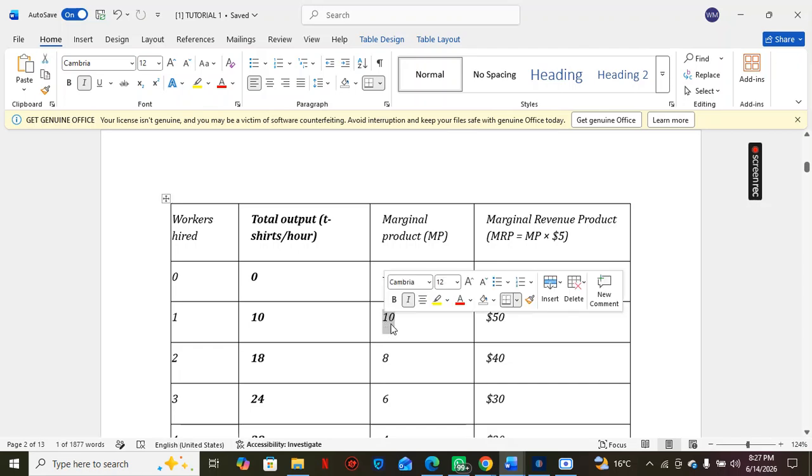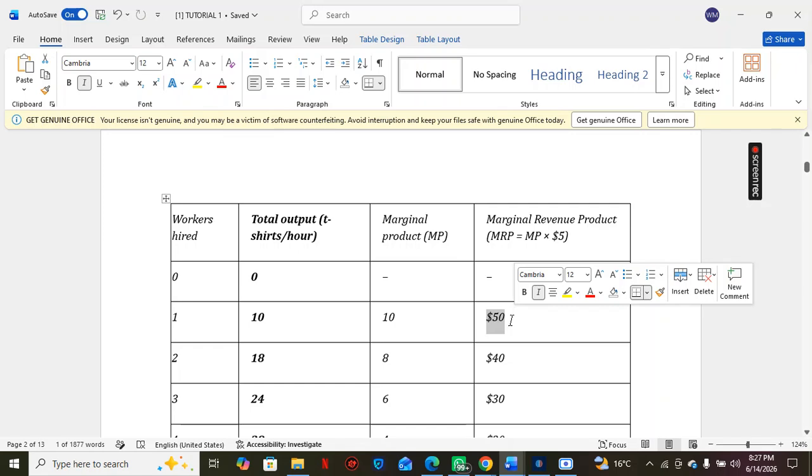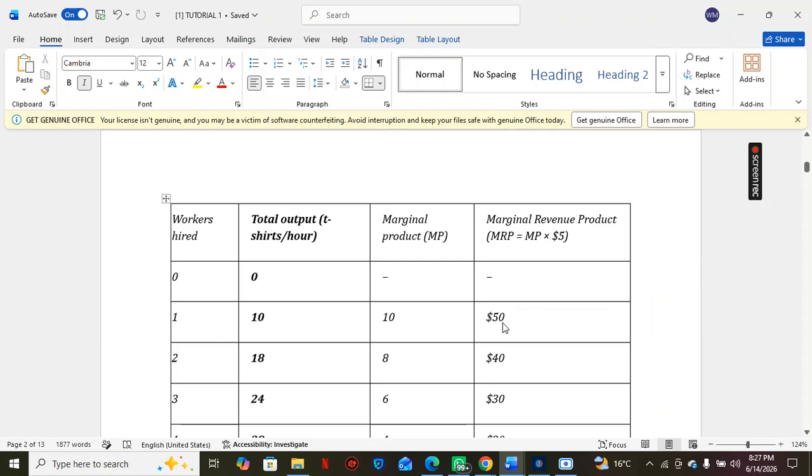So for these 10 shirts that this worker has brought in, each shirt is going for $5. So 10 times $5, this worker has brought in $50 to your company. This is the additional revenue this first worker has brought.